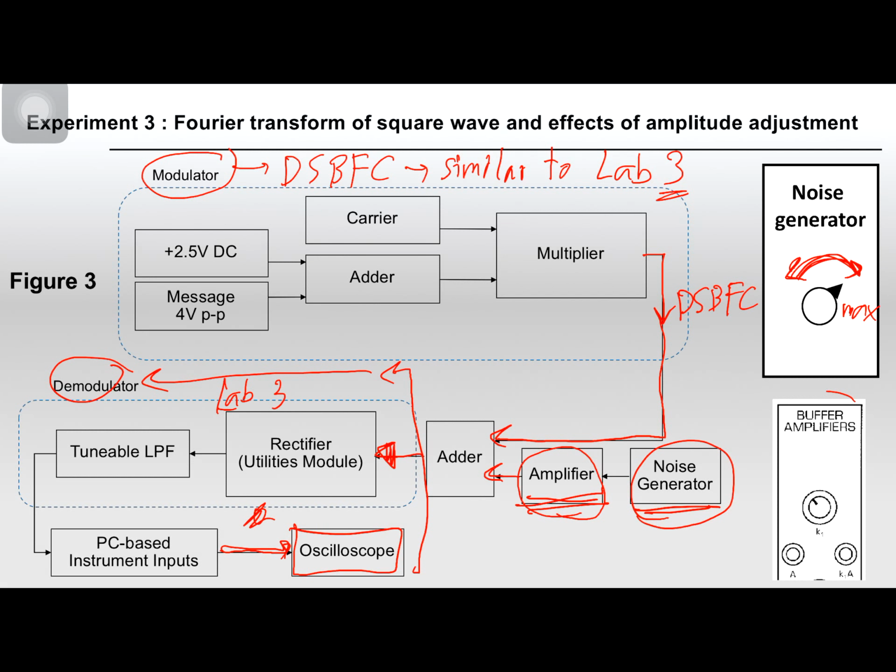And then at the buffer amplifier module, you also adjust the tunable here, this one and this one, until you see the distortion of the original message. And then determine the threshold of the noise amplitude that causes the distortion on the original message.